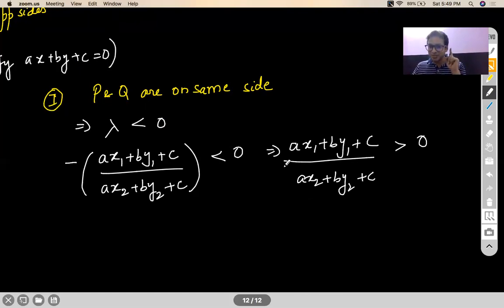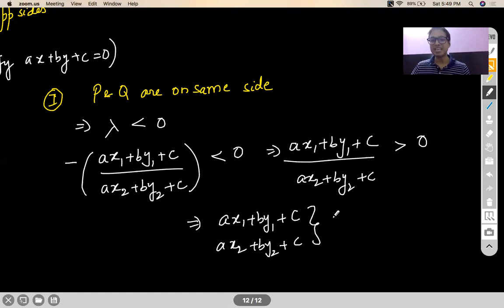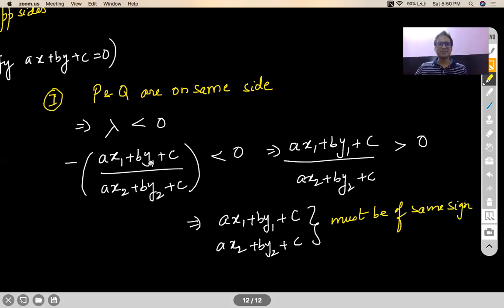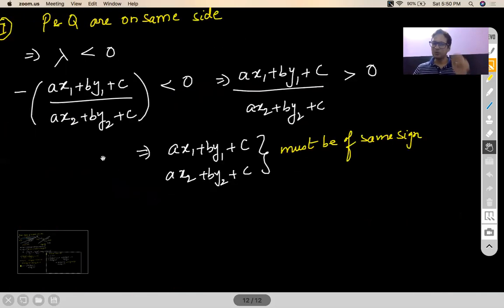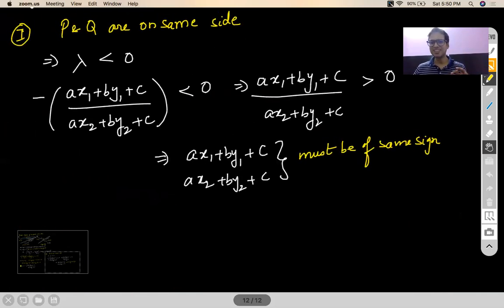Now, if the ratio of two quantities is positive, then those two quantities must be of the same sign. That means ax1 + by1 + c and ax2 + by2 + c must be of the same sign. So same sign means same side. Are you getting my point? So what Hariharan said was absolutely correct.